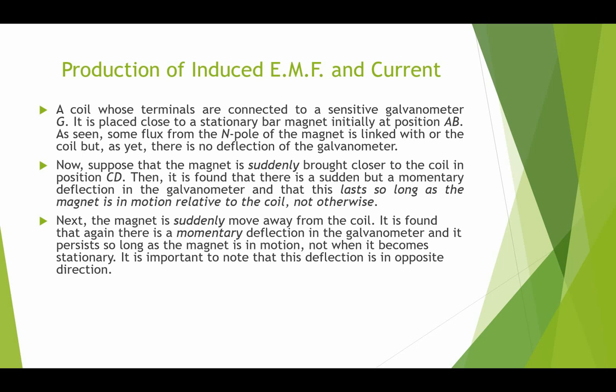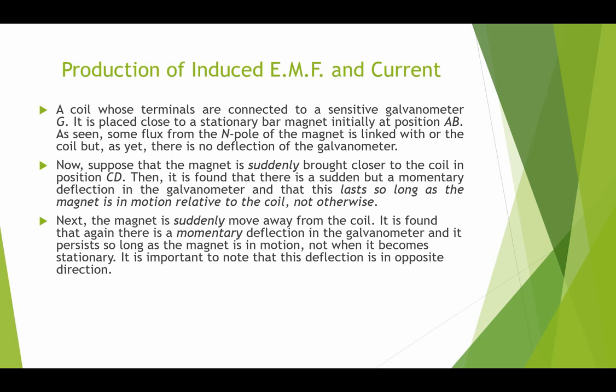When we again move the bar away from the coil, there is again a momentary deflection in the galvanometer in the opposite direction. As long as the bar is moving, or the flux is changing, there will be detection. The galvanometer will move in one direction or the other.